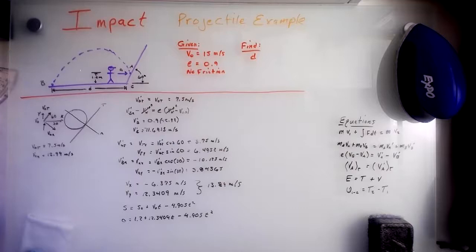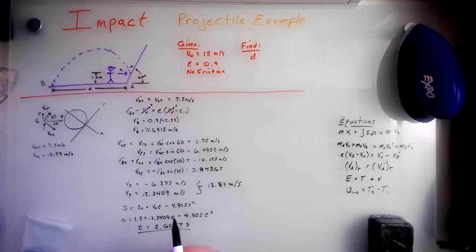That equals 0. There we go. So it gives us a negative value of 0.09. Well, that doesn't make any sense. This gives us t is equal to 2.6097 seconds, right? Which makes sense.